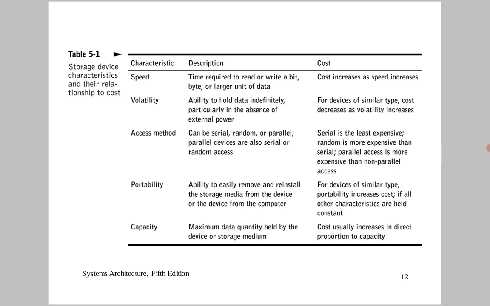Volatility means the ability to hold data indefinitely, whether it is permanent storage or not. Generally, if the speed of the storage device or memory increases, the cost also increases.